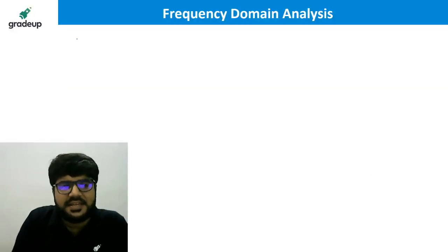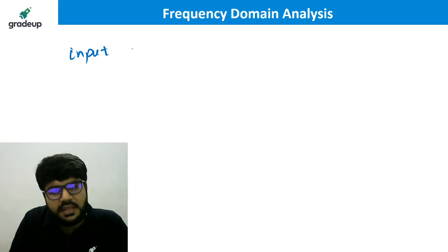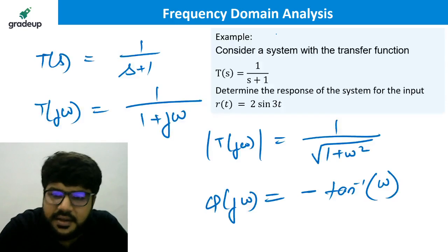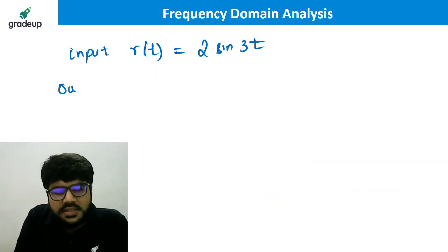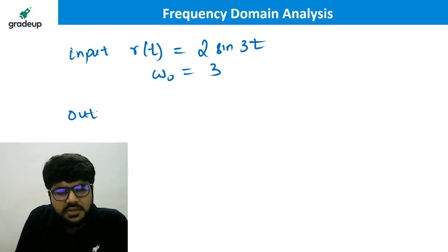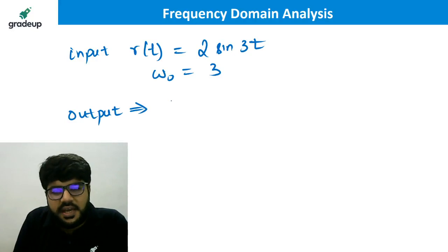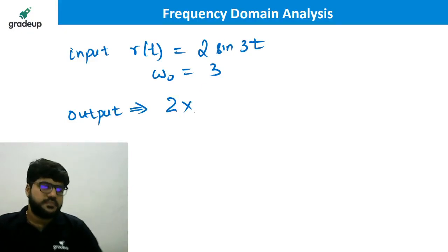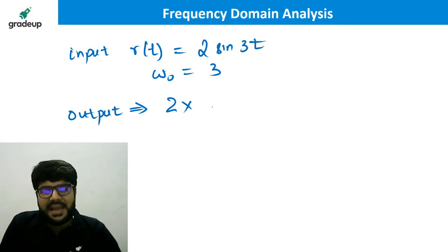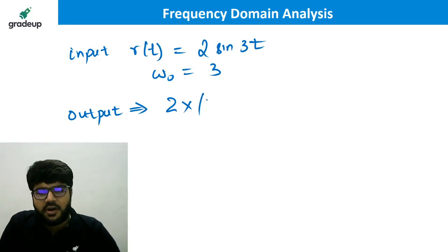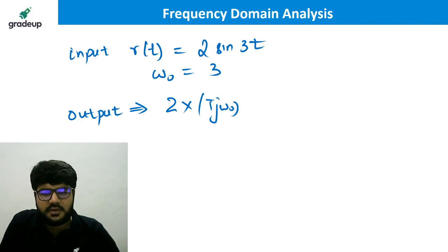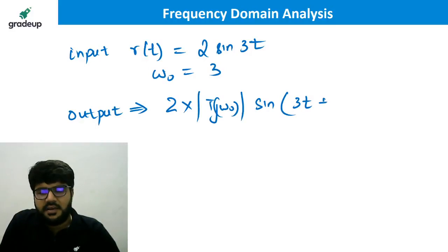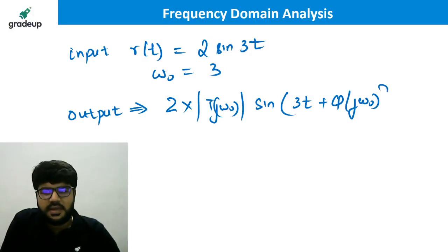Now there is some input given to me, and that is 2 sine 3t, correct? So what is the output for this? What is the frequency of this signal? It is 3. So the output is going to be 2 multiplied by mod of T j omega naught into sine of 3t plus phi j omega naught.